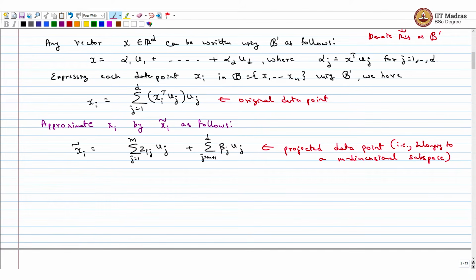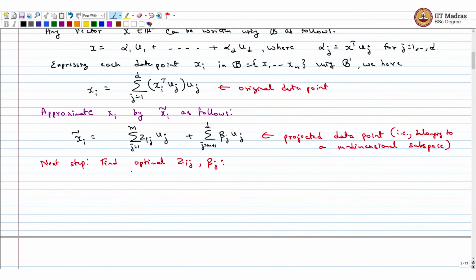Now we need to figure out the coefficients. Now next step, find optimal zij's and beta j's for all i, j. Yeah, I'll just leave it. So how do you find this?